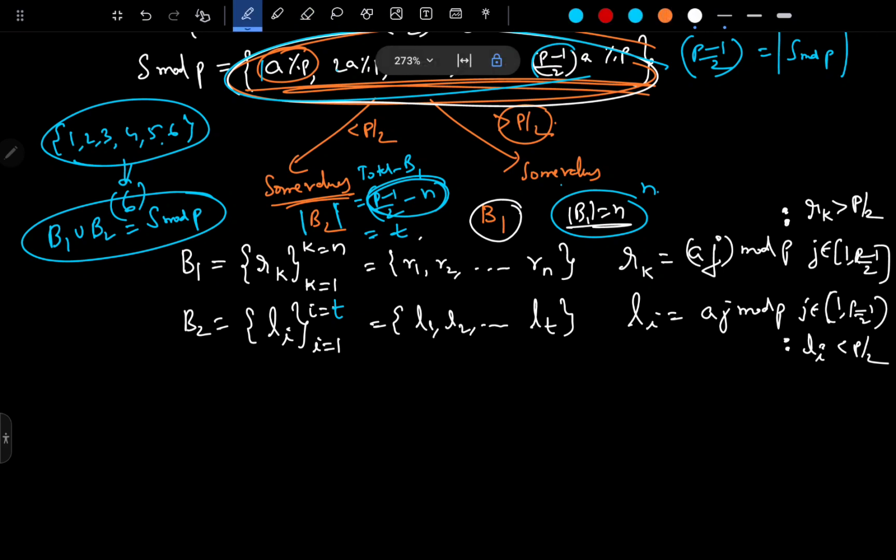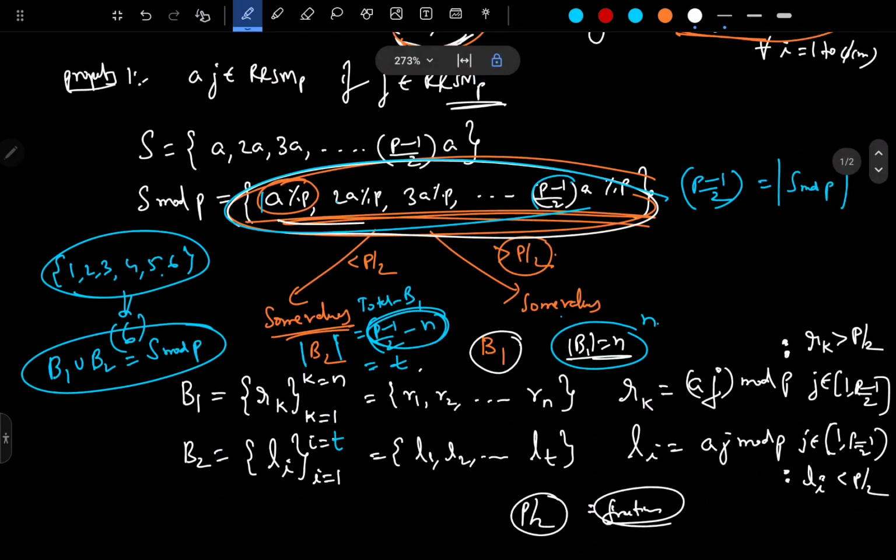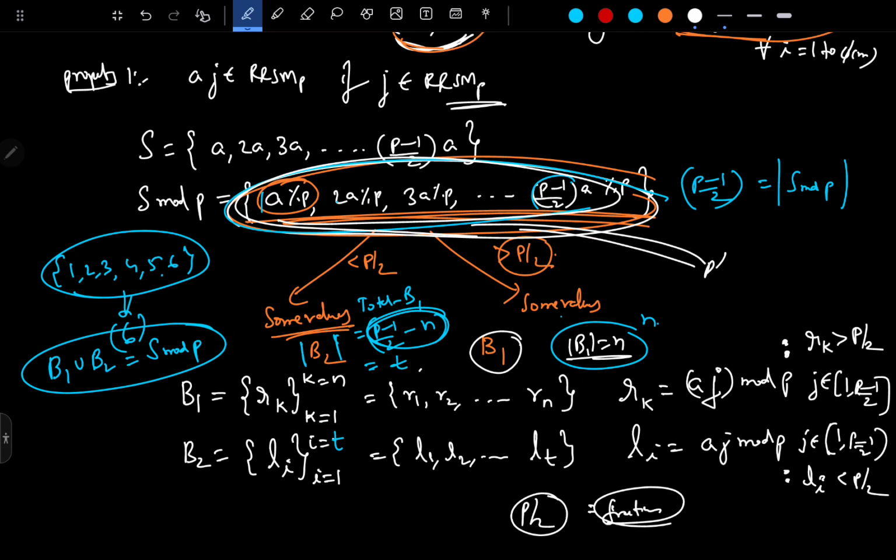So p by 2 is a fraction, so none of the values in this set will be exactly equal to p by 2. Why so? Simple: p by 2 is a fraction, but we know that a modulo of an integer will always be an integer only.